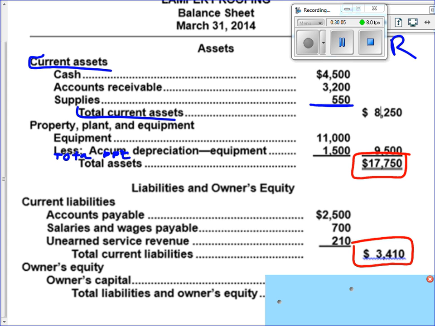Because if you think about it, assets equal liabilities plus owner's equity. You guys, this is simple math. I could take 17,750 equals 3,410 plus X. You can figure that out. Okay. I want to show you how to figure it out the long way.